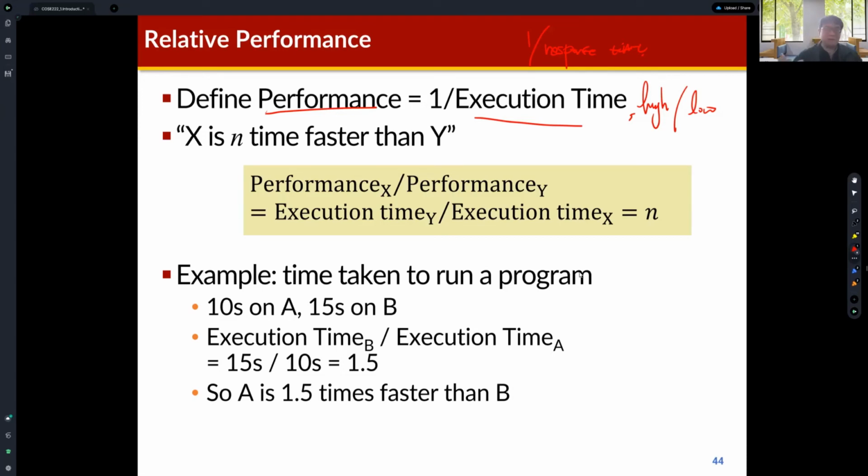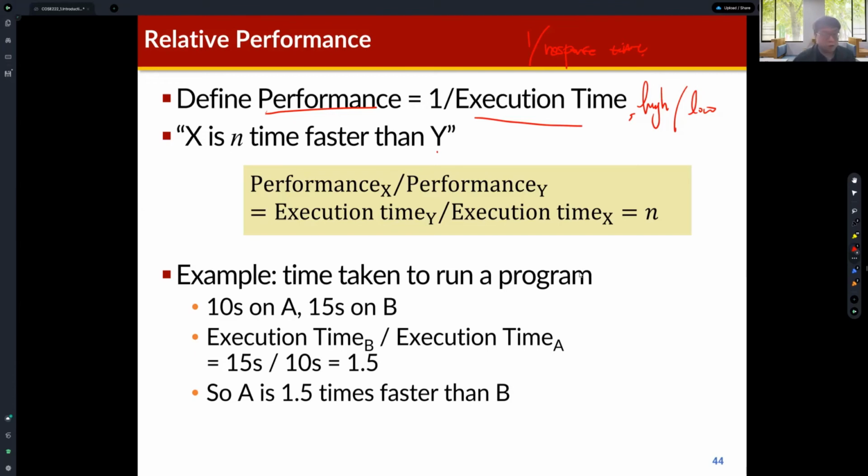We compare the performance of different systems because we want to choose better computer systems, which have higher performance. So we can say, like, computer system X is n times faster than computer system Y. That means we compare the performance of two computer systems X and Y.